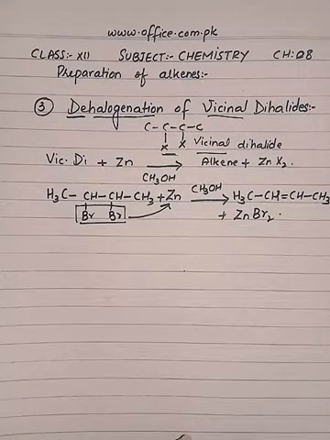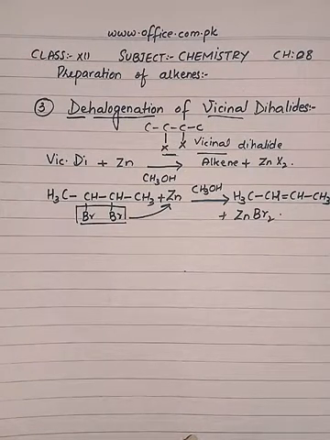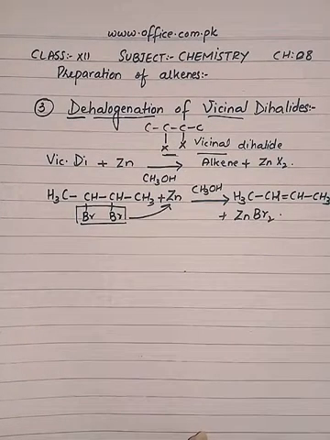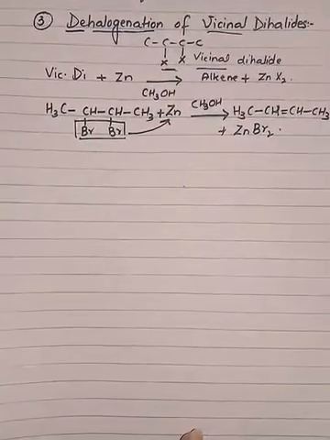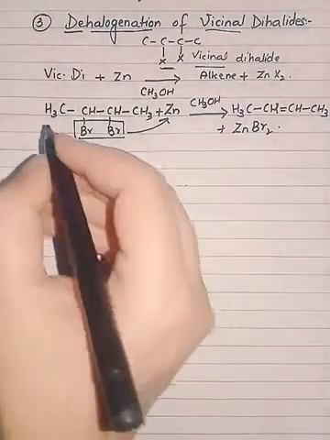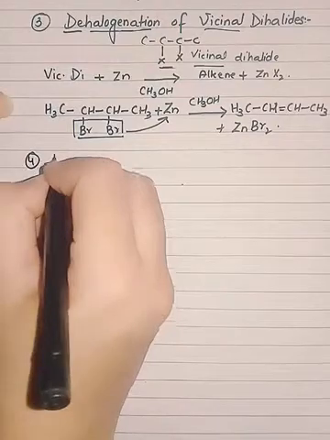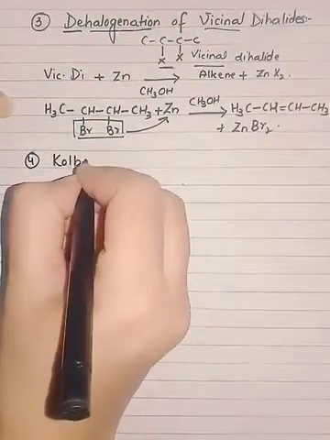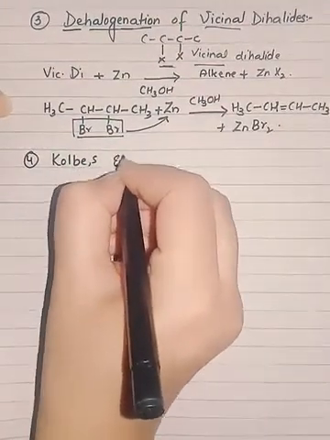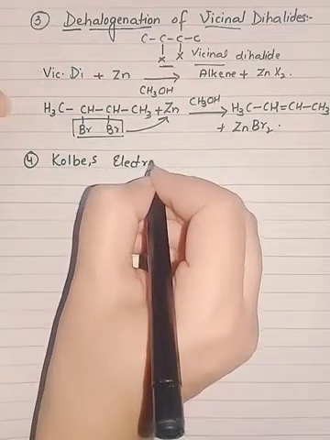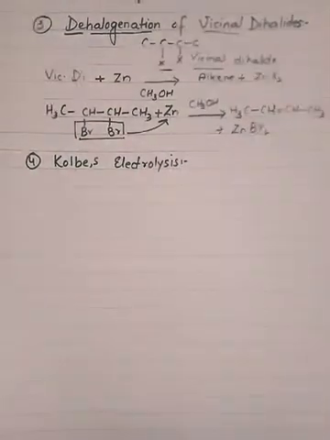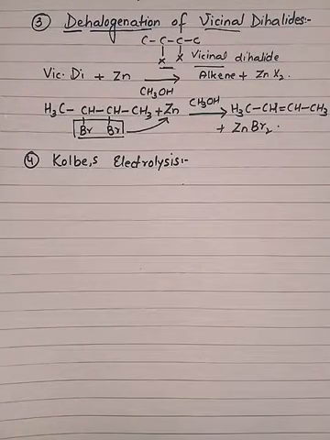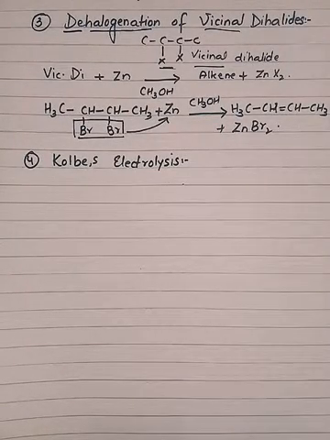Now let us see the preparation of alkenes with the help of Kolbe's electrolysis. This is basically the electrolysis of salts of dicarboxylic acid.